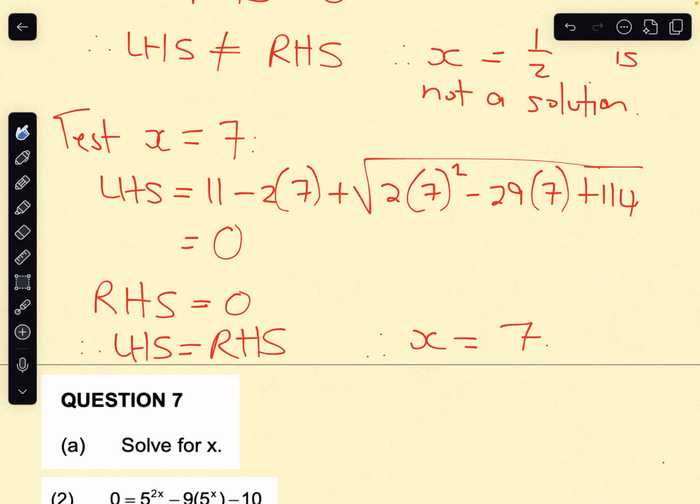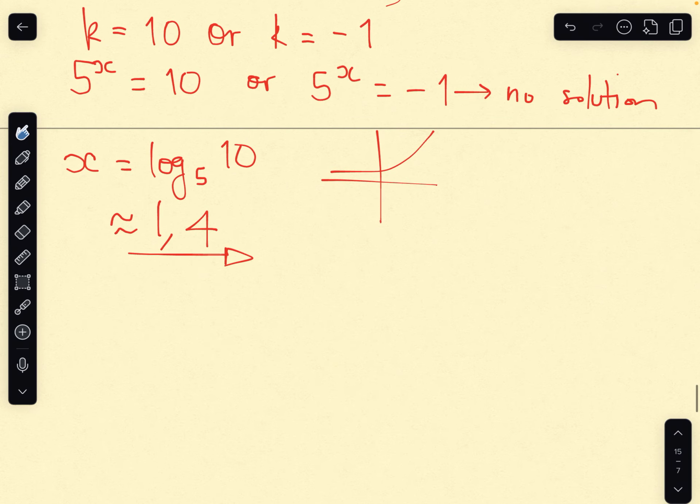Oh my goodness, we are rounding off to 2 decimal places. But anyway, just squeeze it in. Indeed, x is equal to log base 5 of 10, which is 1,43. And then we don't have any valid solution coming out of k being equal to -1.